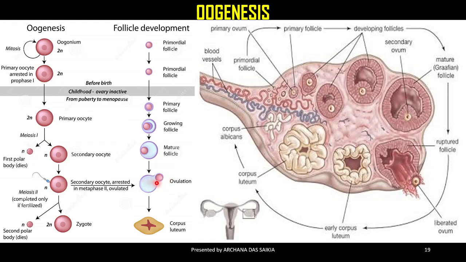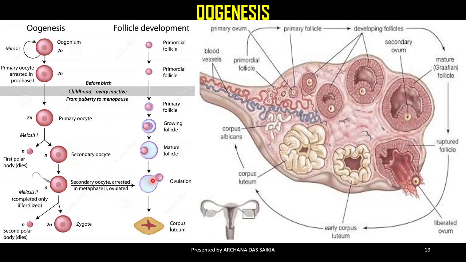It gets released here, and then the secondary oocyte had started with meiosis 2 but again got arrested. This also we have to remember, because meiosis 1 has to be followed by meiosis 2. So the secondary oocyte started with meiosis 2 but again got arrested here. It did not complete.